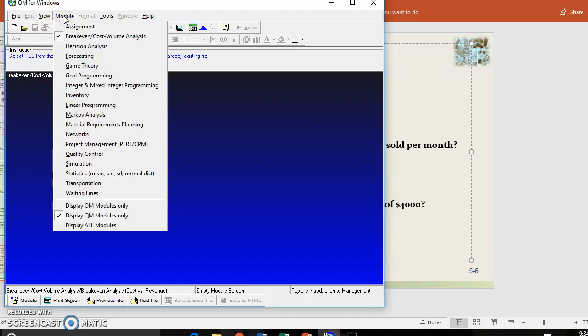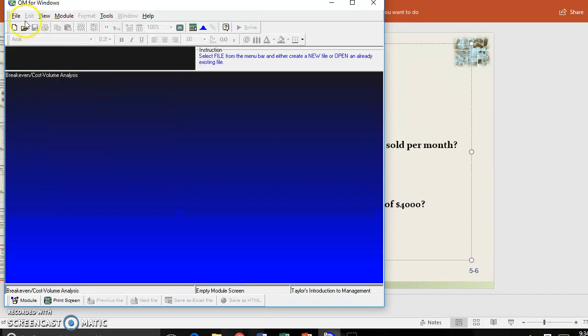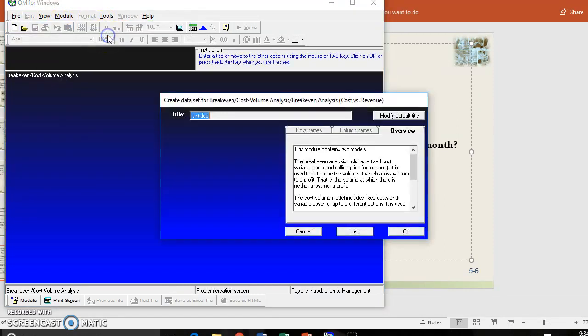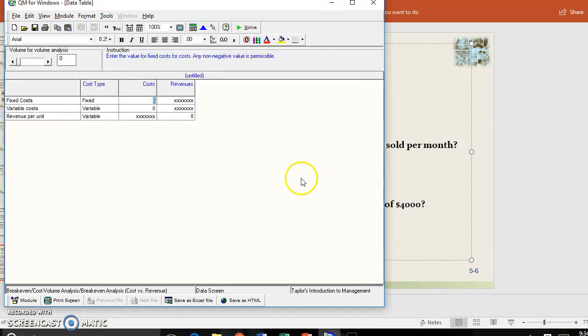But simply go to Module, click on break-even cost volume analysis, File, New, and then go down to break-even analysis. Click OK, and as you'll recall, our fixed costs are 6,000, our variable costs are $2 per pie, our revenue per pie is $7, and we simply solve.